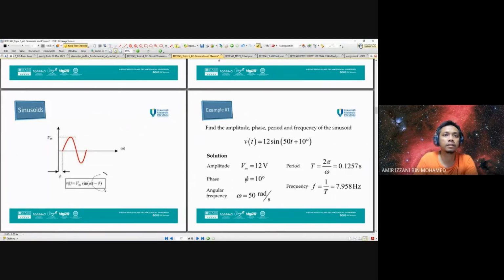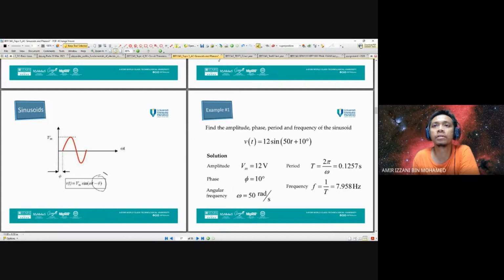That's what was shown just now. Let's take a look at an example. We have this sinusoid, vt equals 12 sine 50t plus 10 degrees. Find the amplitude. What is the amplitude?